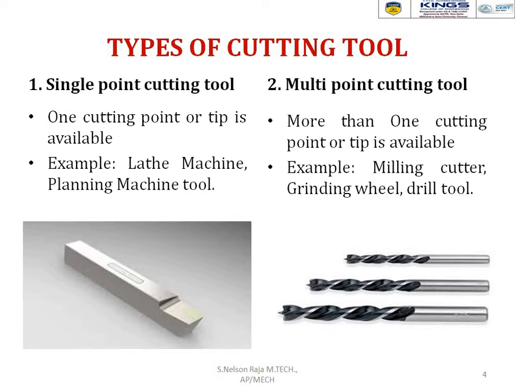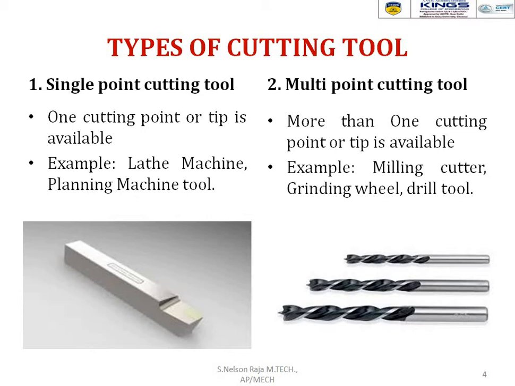And next, types of cutting tool. Generally, cutting tools are classified into two major categories: the first one, single point cutting tool, and the second one, multi-point cutting tool. As we discussed earlier, if the cutting tool consists of only one cutting edge, it is called a single point cutting tool, and if it consists of more than one cutting edge, it is called a multi-point cutting tool.